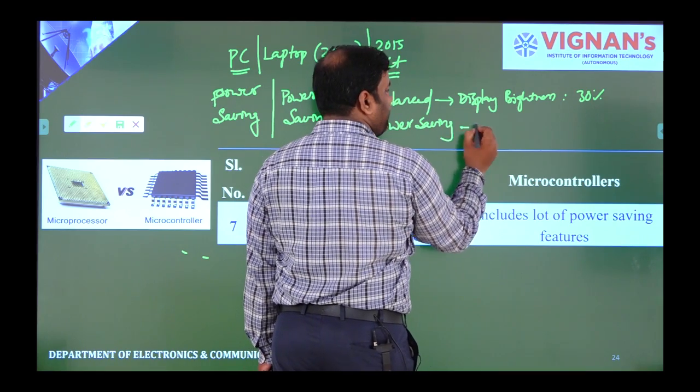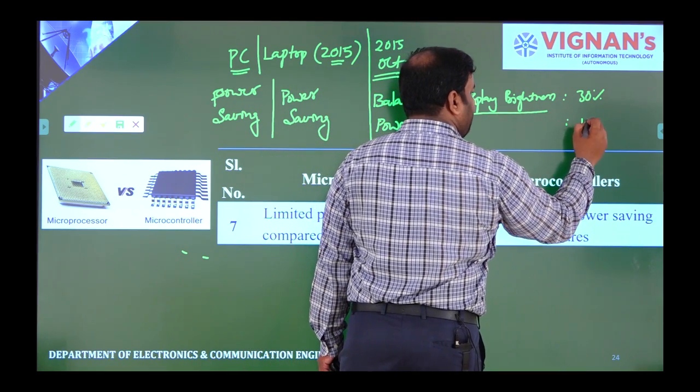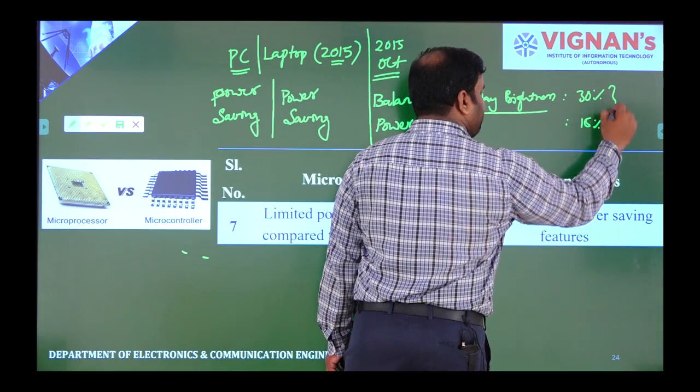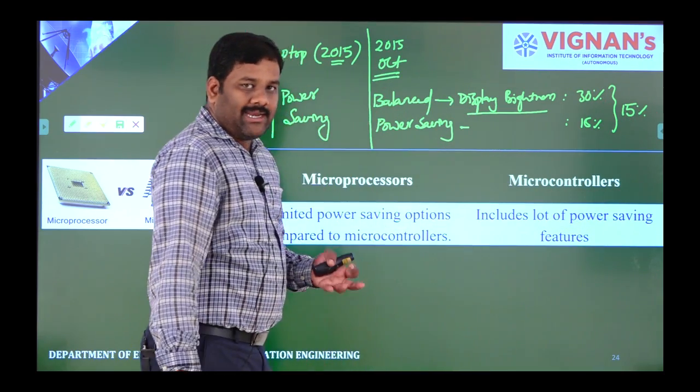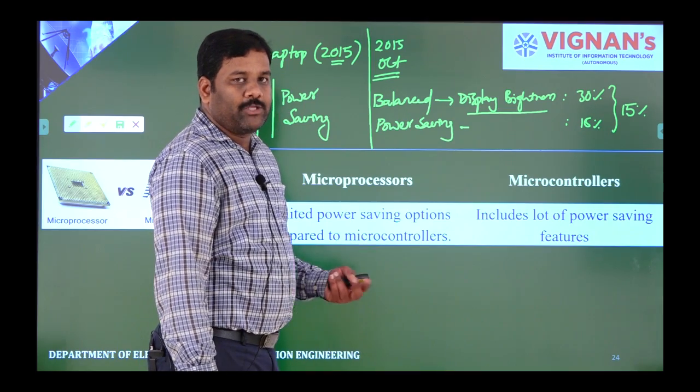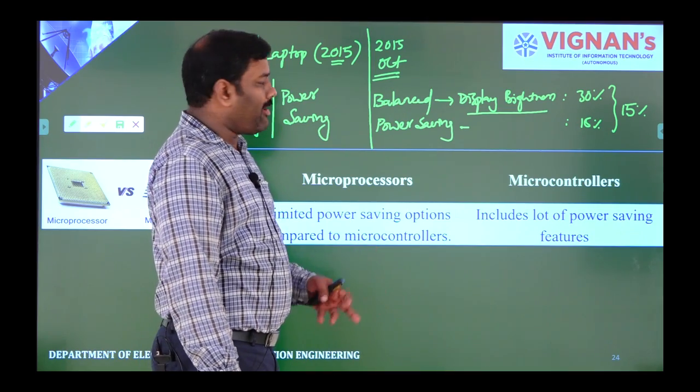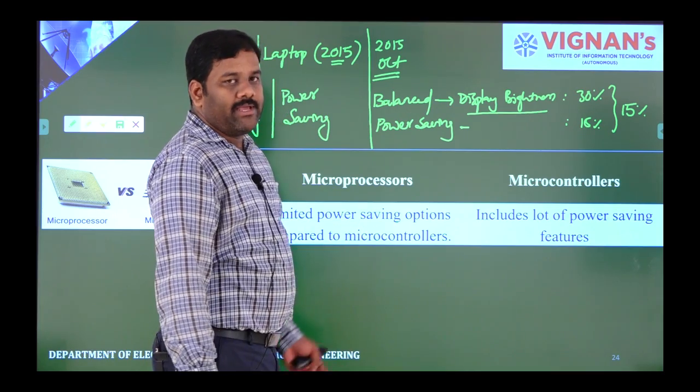But if it is power saving mode, the same display will be at 15%. The display giving less brightness means the battery power usage in our mobile or laptop is going to be reduced.